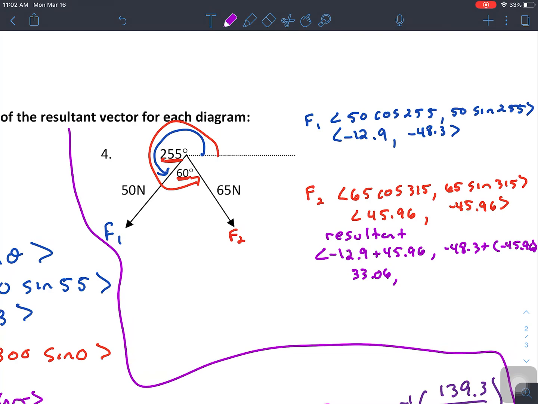And then the y component for this is going to be negative 94.2.